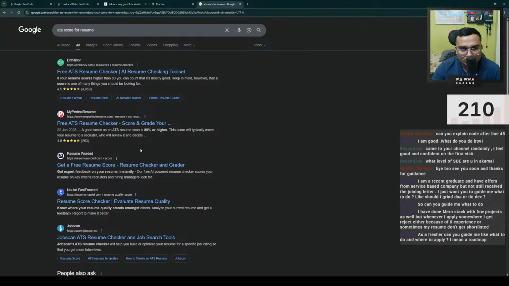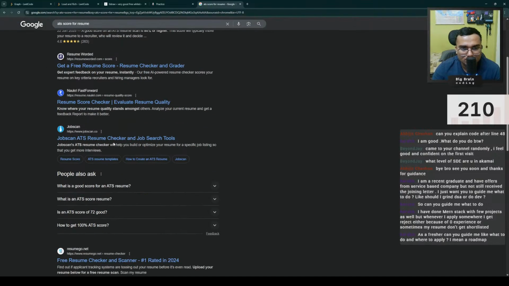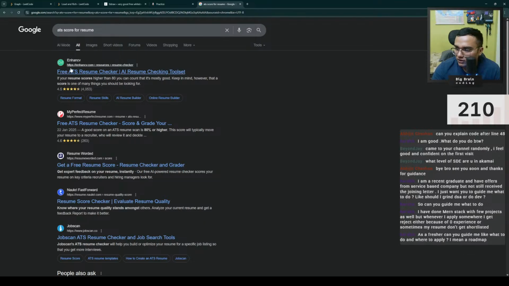There are many, 3 tools here, maybe more. Upload your resume here, calculate your score, make it as high as possible, and then apply. Before getting shortlisted, there is an automatic filtration system at every job. If you can't pass through that, there is no point. Make your resume better.